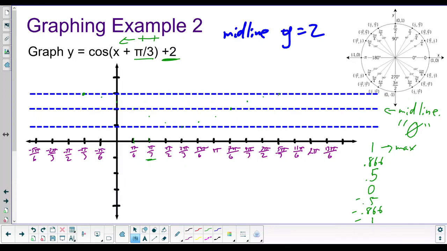Let me try that one more time. And there's our sine or cosine wave. You could keep repeating this pattern. So we're at a max, over, down to 0.866, over, down to a half, over, back to the midline, over, down a half. And then you could just use that pattern to keep continuing your graph in either direction.